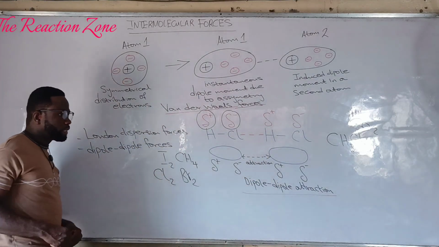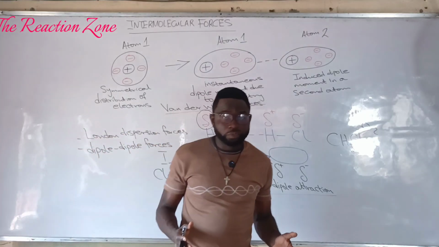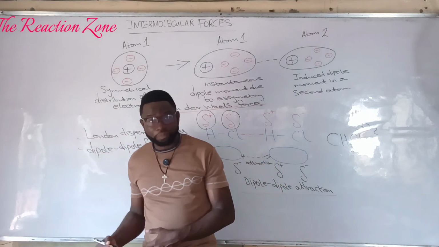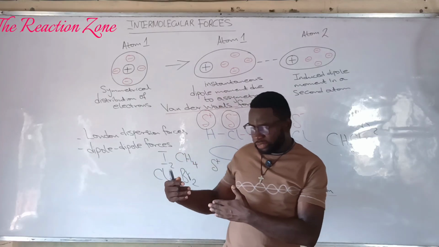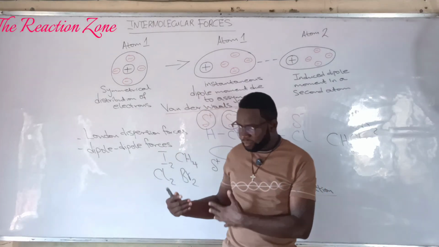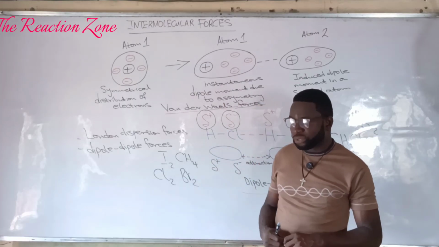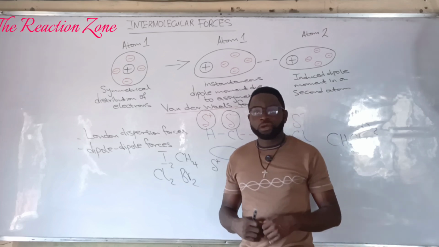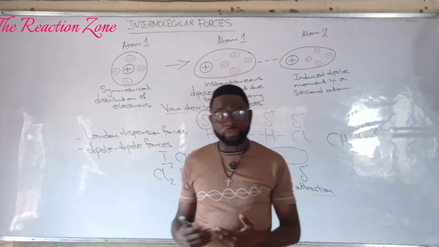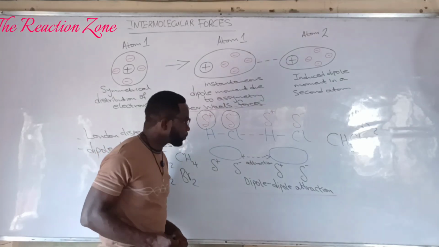Using the halogens as an example, iodine is a solid, bromine is a liquid, whereas chlorine is a gas. The different physical states exhibited by these halogens are a result of the strength of London dispersion forces. London dispersion forces are strongest in iodine, followed by bromine, and then chlorine.